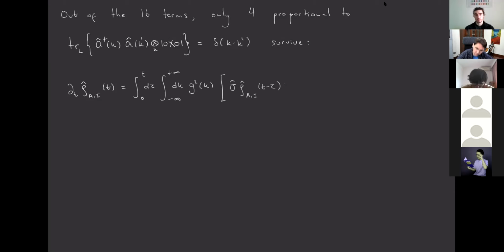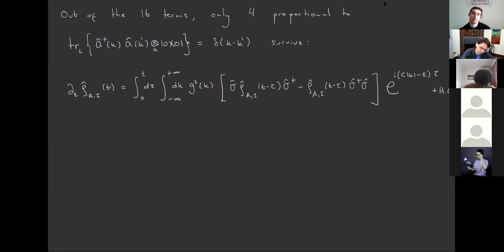T minus tau, then sigma dagger, T minus tau, sigma dagger, sigma. Then we have the exponential of time, and the Hermitian conjugate of these expressions. So in this case, we get 4 terms, and we only need to write 2 because the other terms are just Hermitian conjugates of these ones.